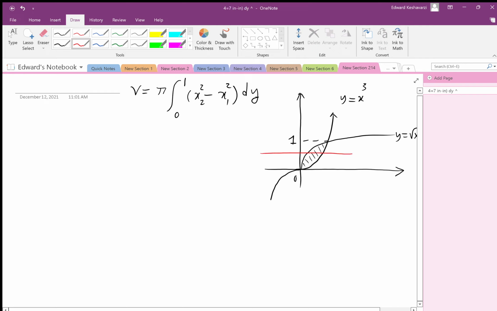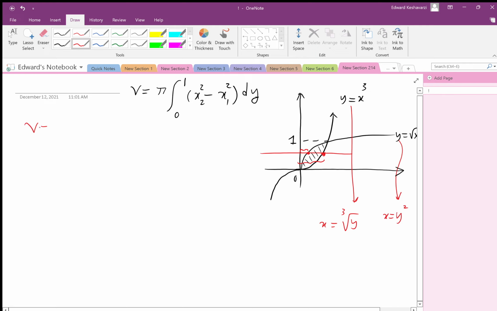You can draw a horizontal line. So this is this big, its distance from the y-axis, and this one is this big. Obviously, x cubed is farther away from the y-axis, but x becomes cube root of y, and in here, if you isolate x, x becomes y squared.